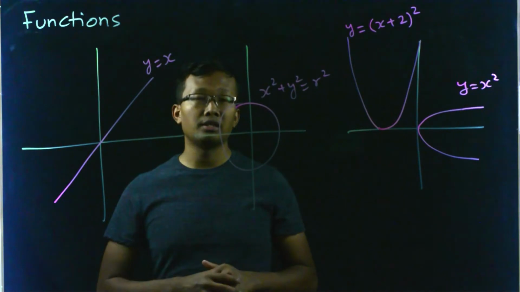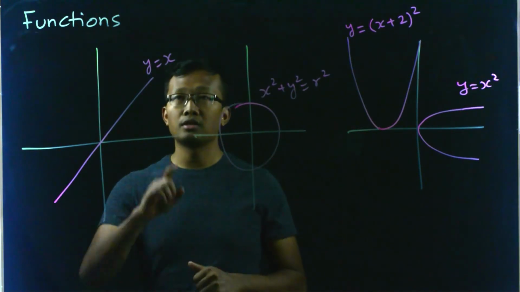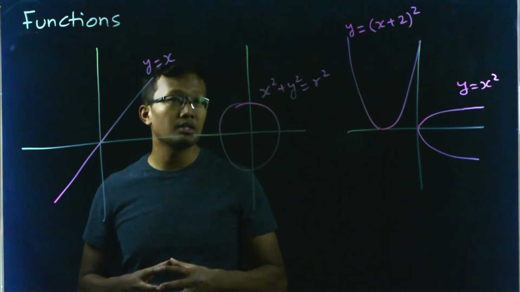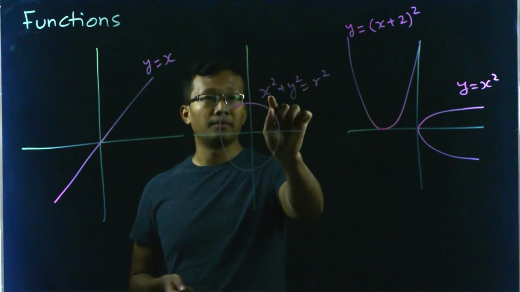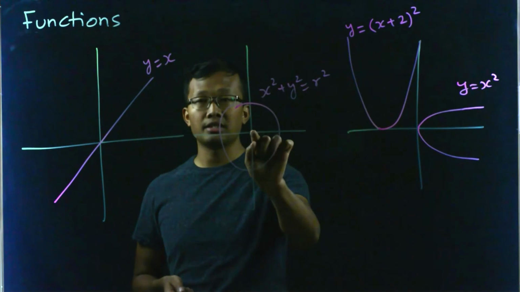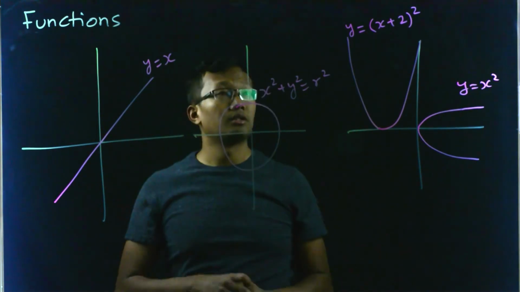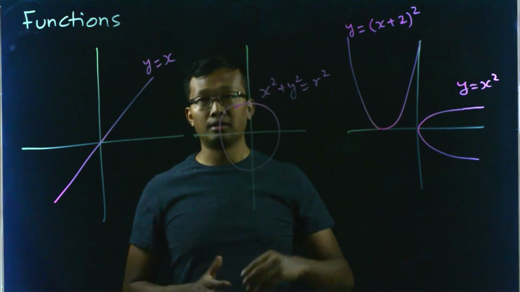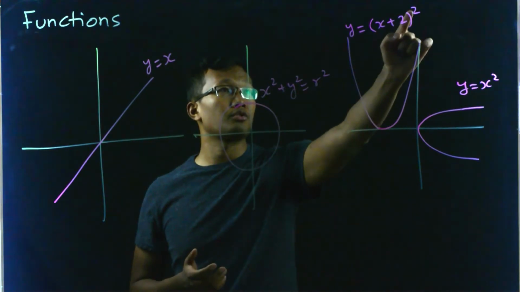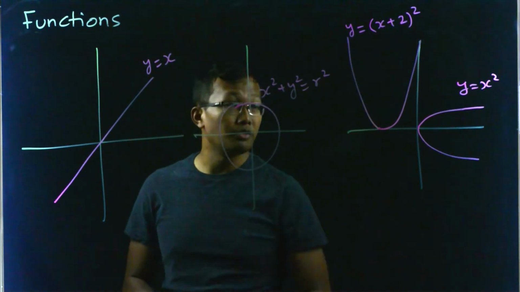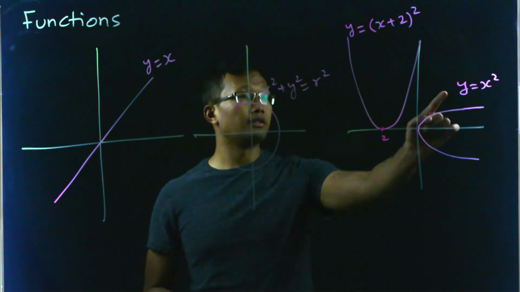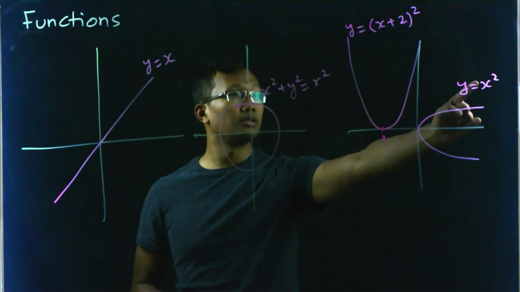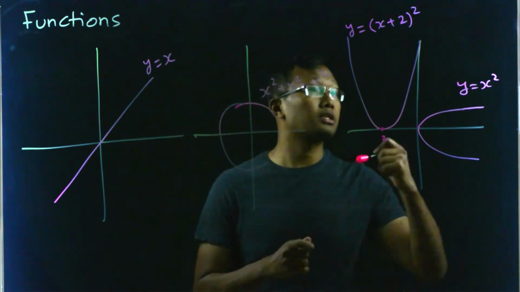The first one is a straight line which passes through the origin. y equals x is its equation. Another is the circle. Its radius is r, and it lies at the center. The third one is the quadratic equation, y equals (x plus 2) whole square. And the fourth one is y square equals x.